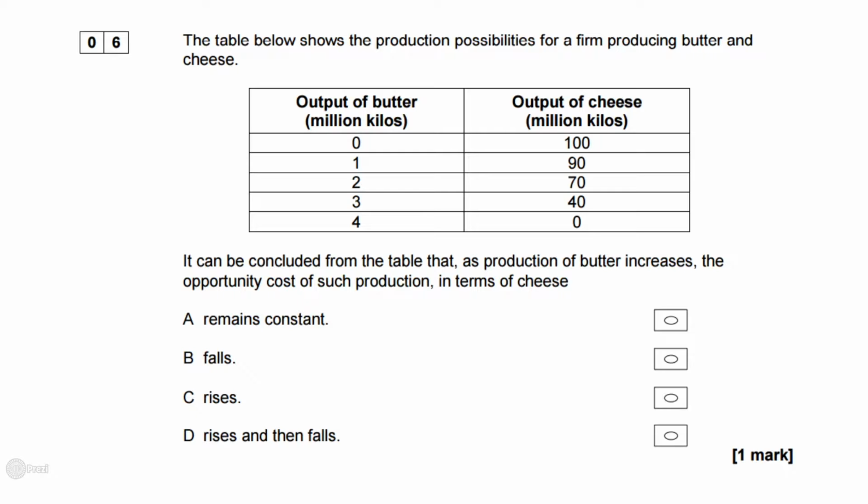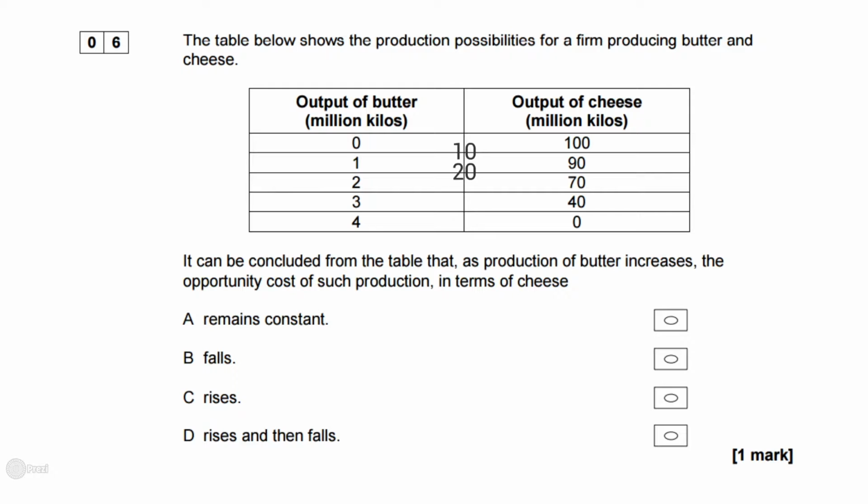So as we move from no kilos of butter to 1 kilo of butter, we move from 100 kilos of cheese to 90 kilos of cheese. So we have to give up 10 kilos of cheese, which is 100 minus 90. As we move from 1 to 2 of butter, we move from 90 to 70 of cheese, which is 20.